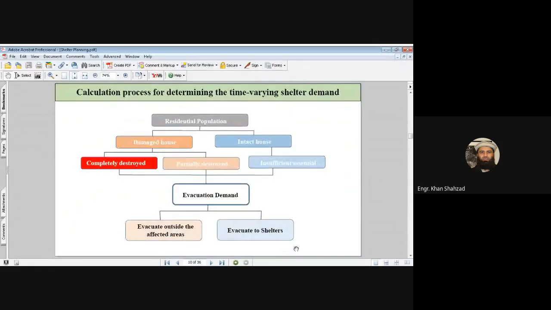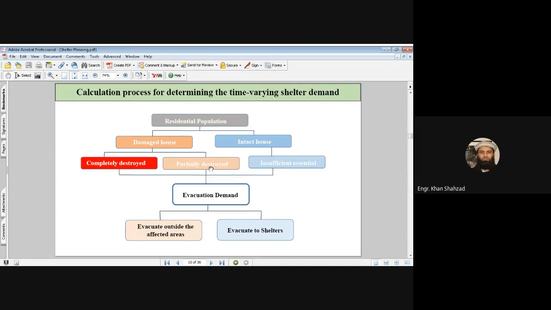Now coming towards the calculation process for determining the time varying shelter demand. So you have the residential population. You have to check how many houses have been damaged in that area or in that district or in that tehsil. How many houses are intact? How many of these damaged houses have been completely destroyed or completely collapsed?